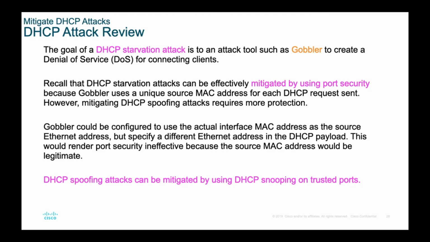They ask for one IP, the DHCP server allocates it, then they ask for another, until the lease expires or they flush it, so a legit user cannot request any IP. So in order to prevent that, we must enable DHCP snooping on trusted ports.